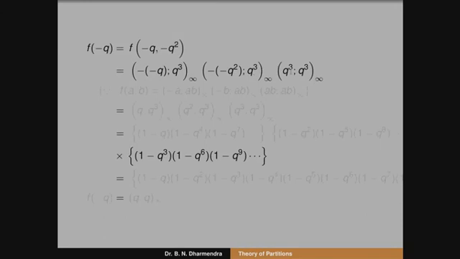By using Ramanujan's theta function in terms of the Jacobi triple product identity, the terms become q cube infinity.